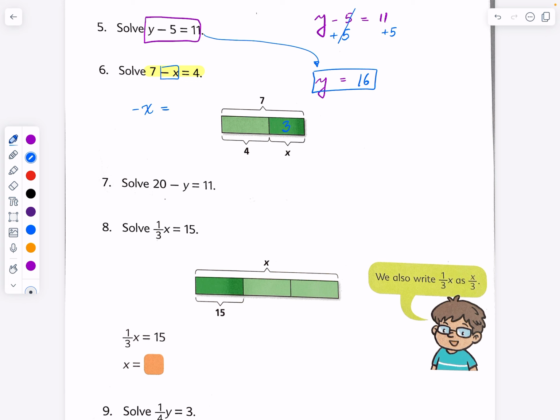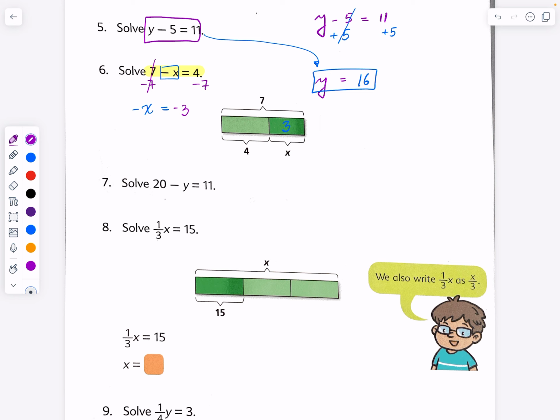Minus x equals, well, what is in our way? Of course, the 7. How do we get rid of it? We use opposite operation. Minus 7. 7 minus 7 gives you 0. What we do to the left, let's not forget, we must do to the right. 4 minus 7 gives you negative 3. What do we have?